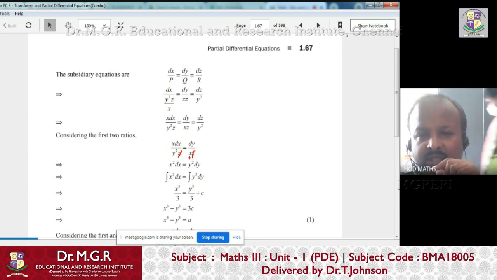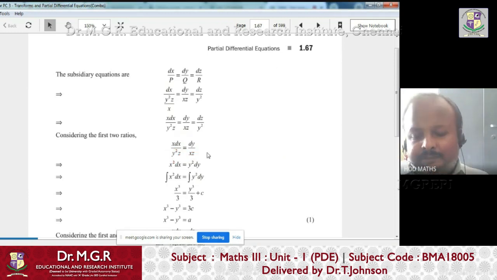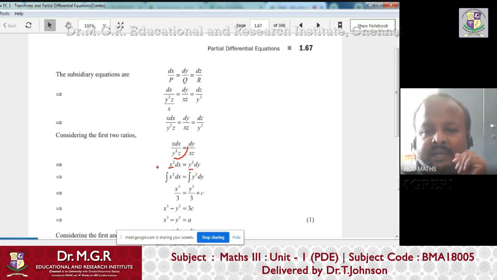You see, this x goes this side, it becomes x square, right? And then this y square goes to the numerator, becomes y square. So x goes with x, it becomes x square, and this y square goes this side as y square. So now we have a nice function of x with the dx, function of y with the dy. Now you can integrate this.